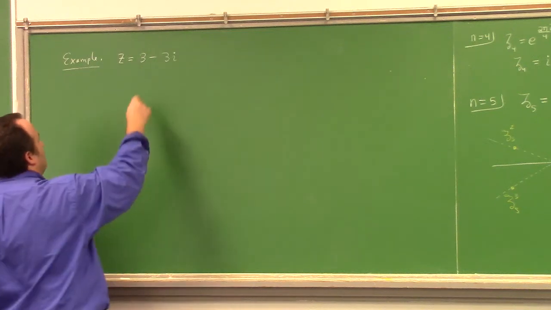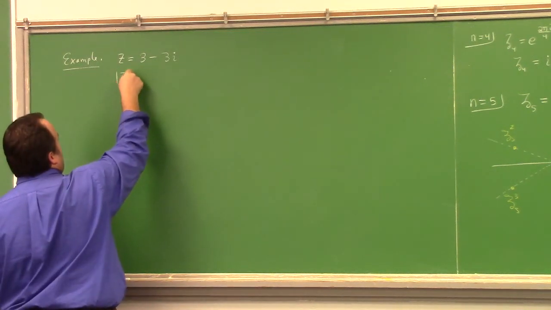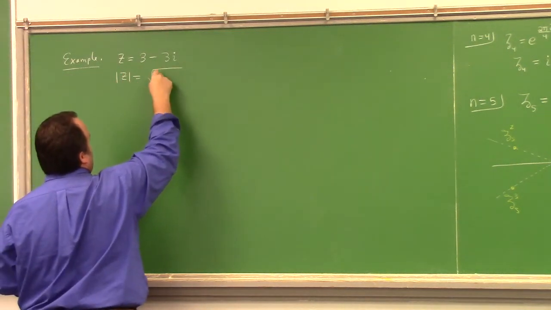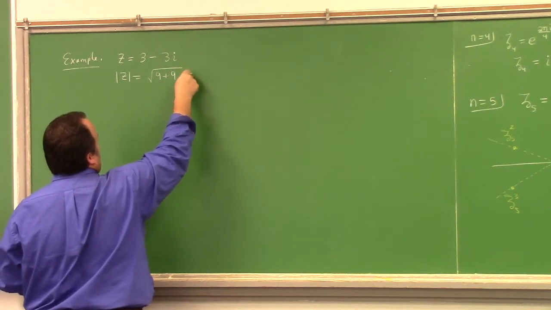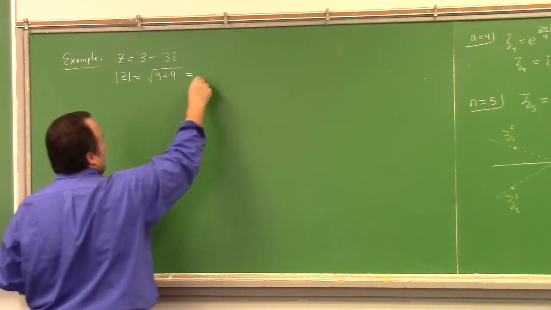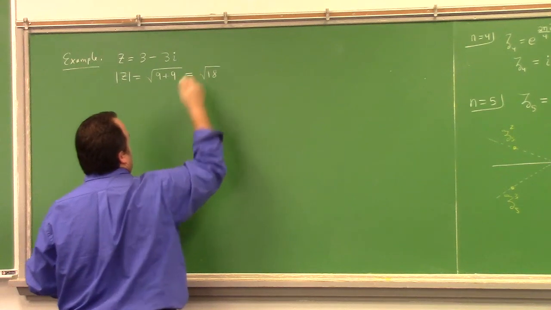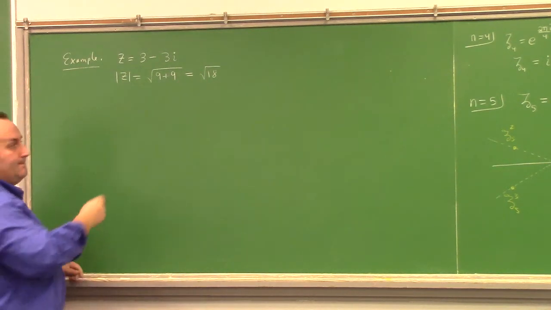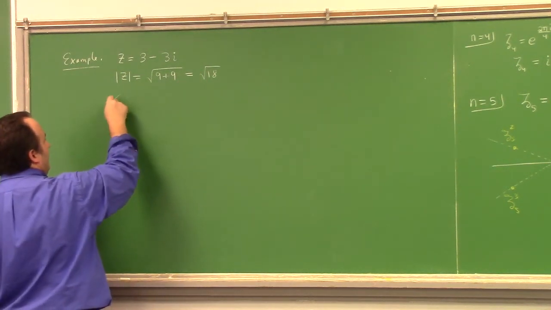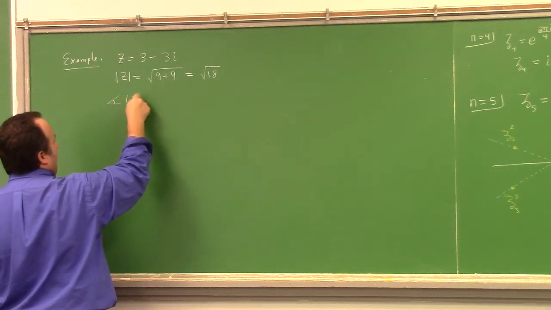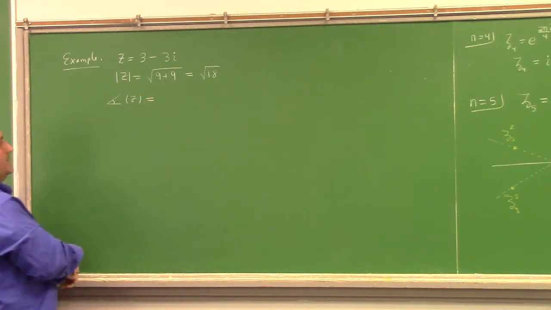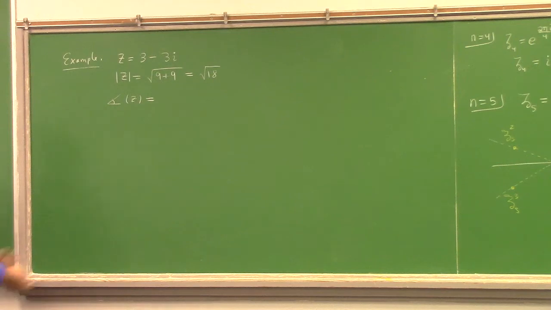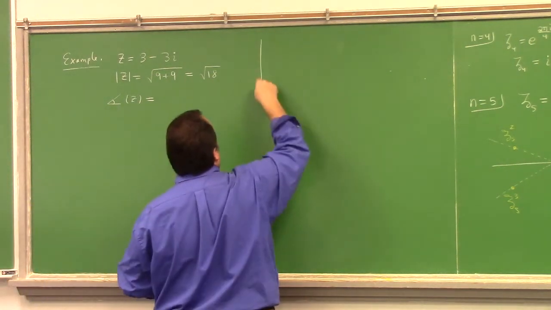So the modulus of z, the length of it, is the square root of, what, 9 plus 9? That's the square root of 18. I'll just leave it like that. What's the angle of z? Standard angle, what is that? Let's draw a picture. What are we looking at here?